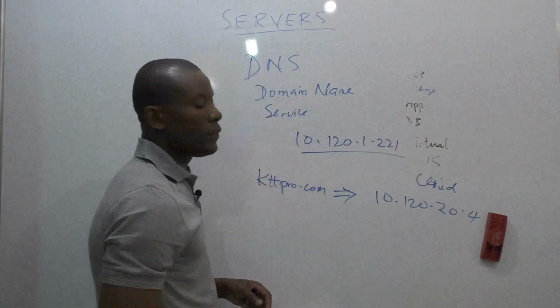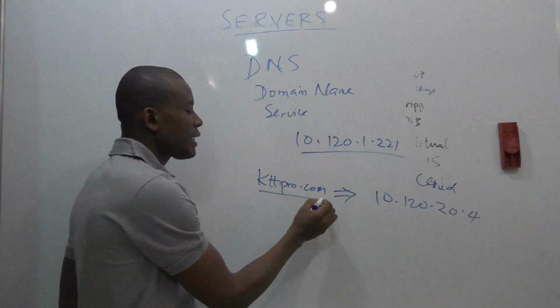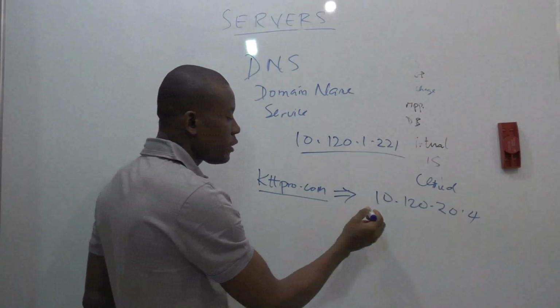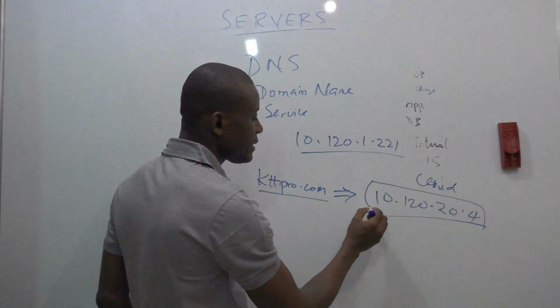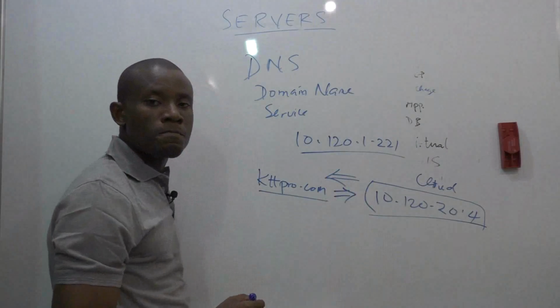10.120.20.4. Alright, so when I registered this with HostGator, I got this IP address. This IP address actually maps to this and vice versa.